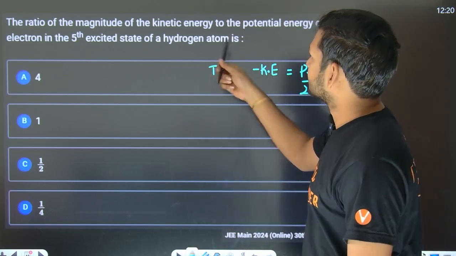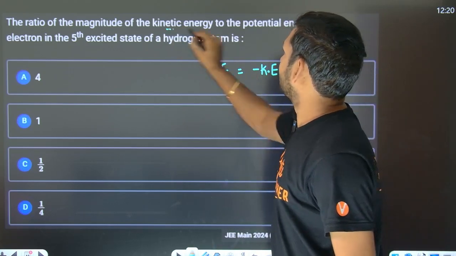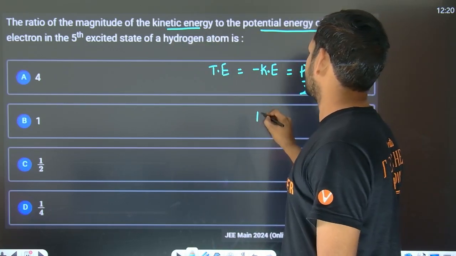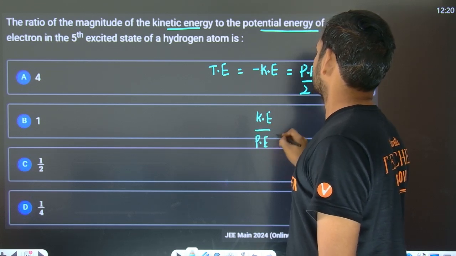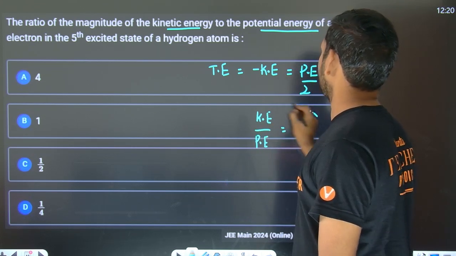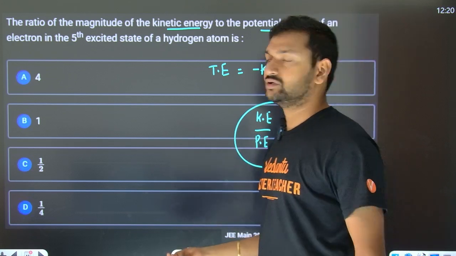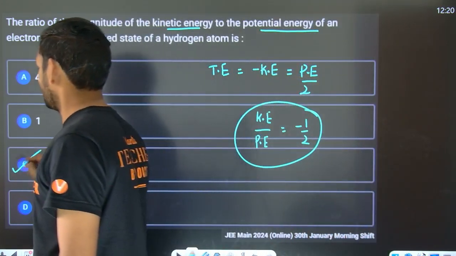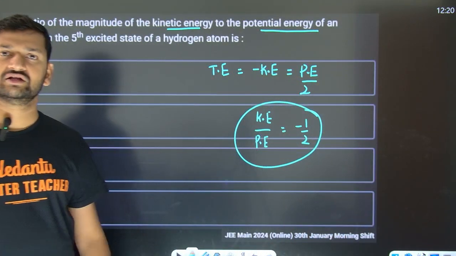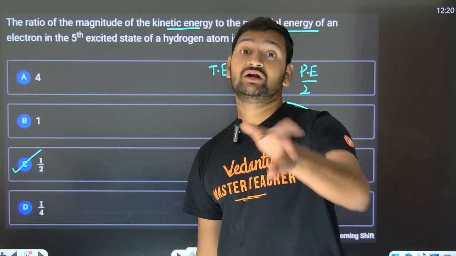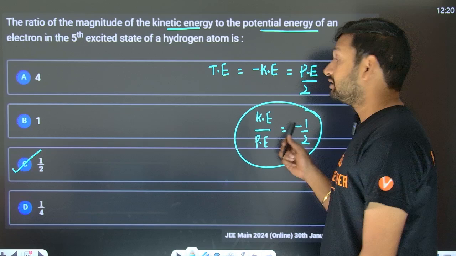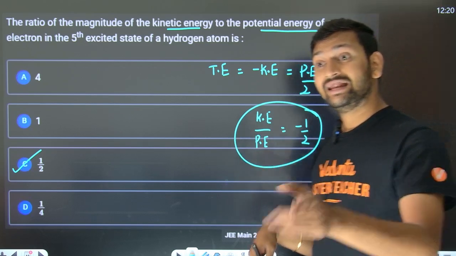Now they are asking the ratio of kinetic energy to potential energy. So you write kinetic energy to potential energy is going to be minus 1 by 2. Is minus 1 by 2 given in the options? No. Then you mark the magnitude. Might be they are talking about the ratio of magnitude of energies. But in reality, the proper ratio will be minus half, because one will be positive, one will be negative.